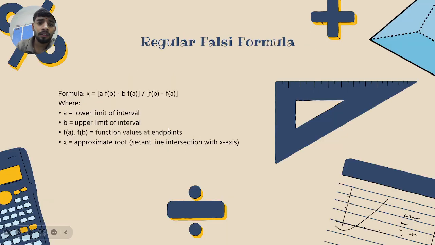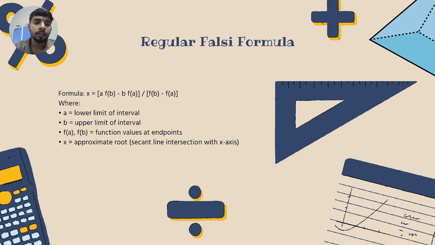Now, the formula of the regular-falsi method is x equals (a f(b) minus b f(a)) divided by (f(b) minus f(a)). In our previous bisection method, we used a different formula to divide the interval by half, and that formula was (a plus b) by 2.